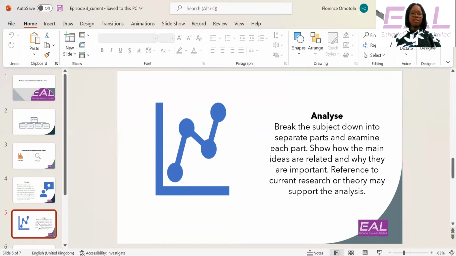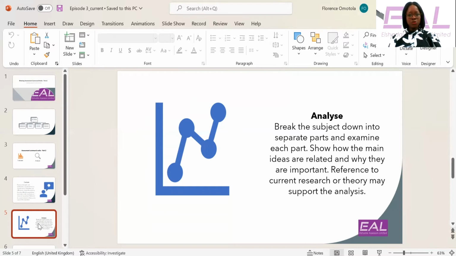Now let's look at the example we used earlier on, that we say evaluate the Health and Safety at Work Act 1974 and how it influenced your job role.